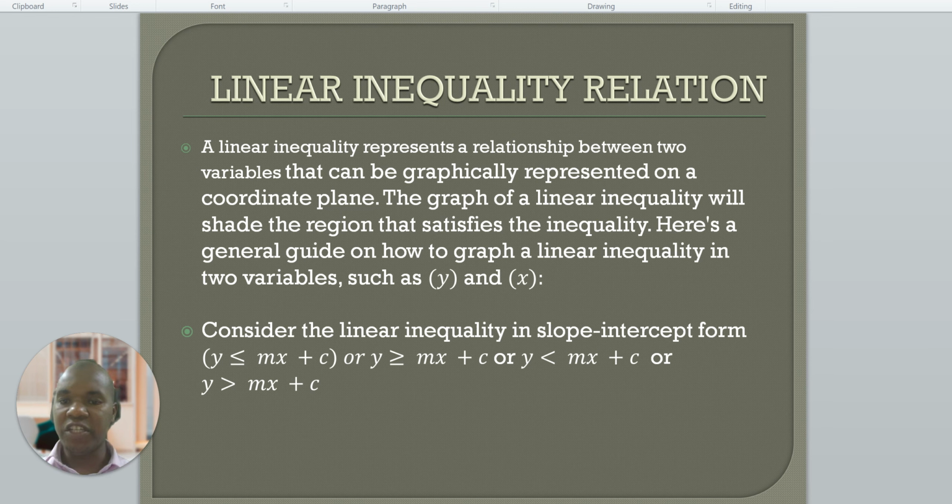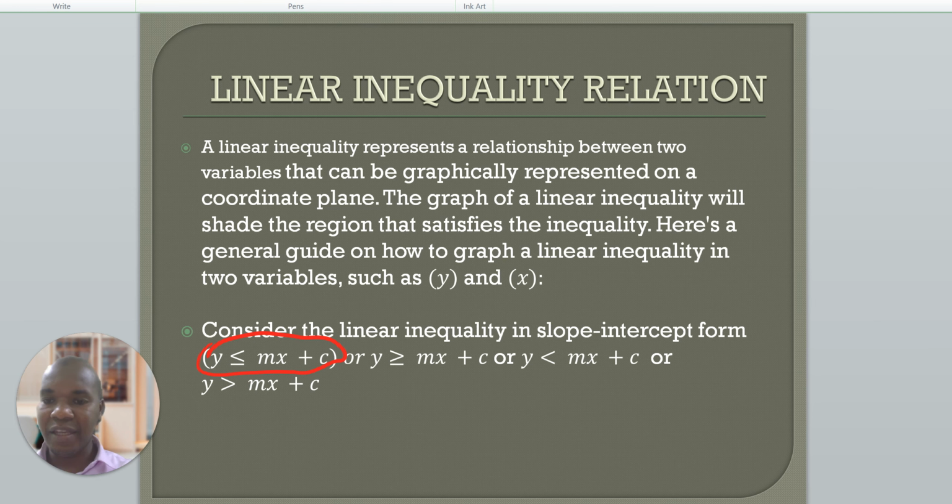So here is a general guide on how to graph a linear inequality in two variables such as y and x. First of all, you have to know how the linear inequality will look. With the forms we have here, it is possible to have y is less than or equal to mx plus c.